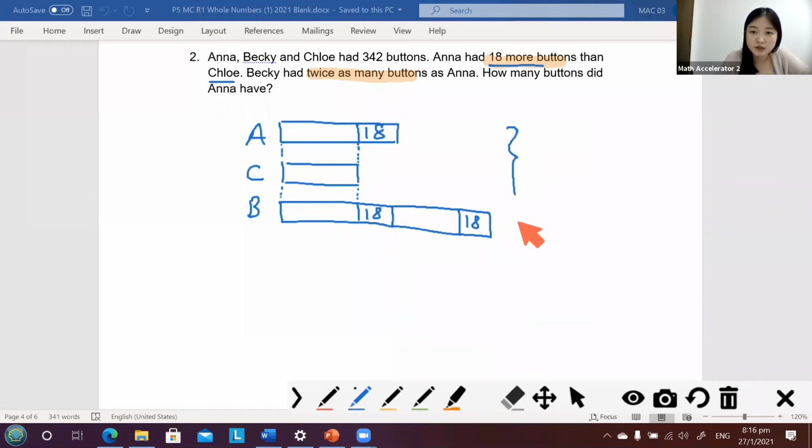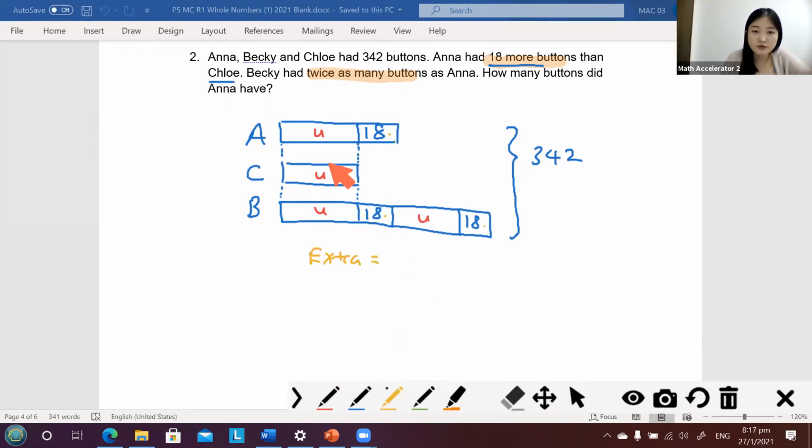And in total, they have 342 buttons. So what is the extra over here? 18, 18, 18. Why are they extras? Look at your unknowns. They are all the same size, so we can call them units. They are all 4 units.